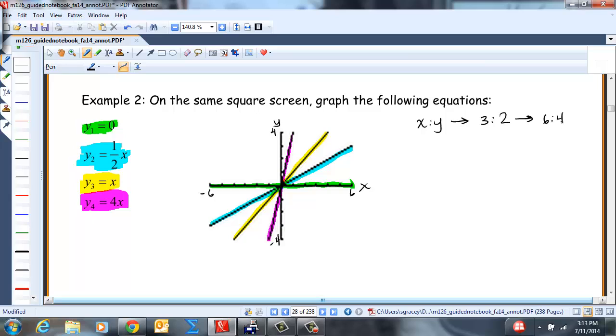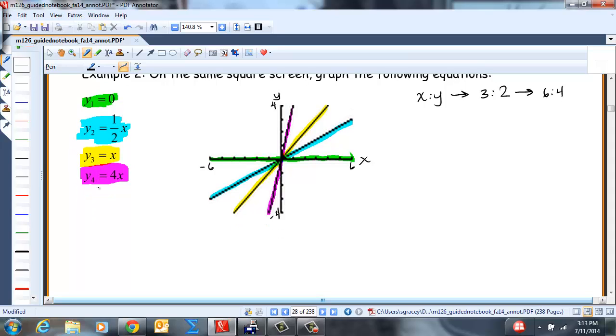So that's what happened there. So notice that as your slope gets larger and larger on the positive side, you're going to get a more steep slope. And as it gets closer to 0, you're going to have a less steep slope. Okay, so far? Good.